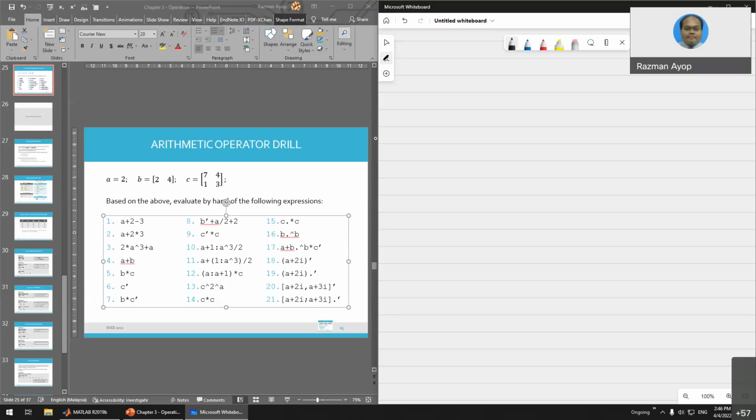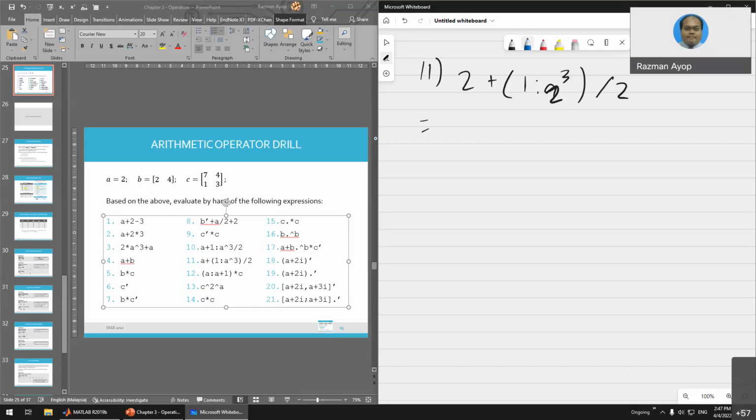So number 11. A is 2 plus bracket 1 dot A power of 3, divided by 2. Of course you have to show it one by one. I suggest you write both mass, T both mass. You don't have any transpose, but you have a bracket, so you have to solve the bracket first.